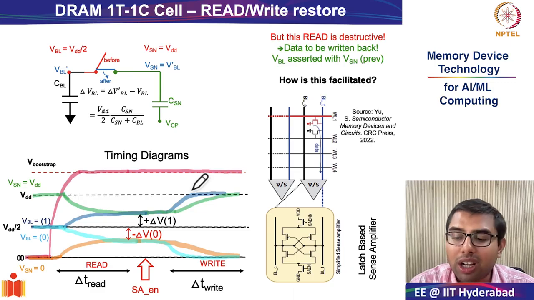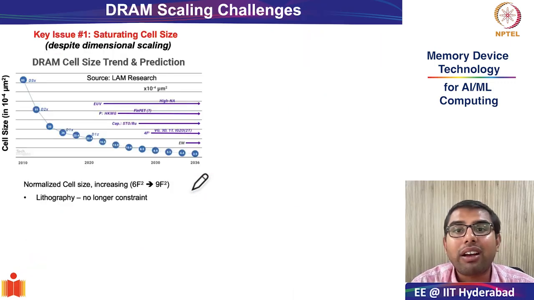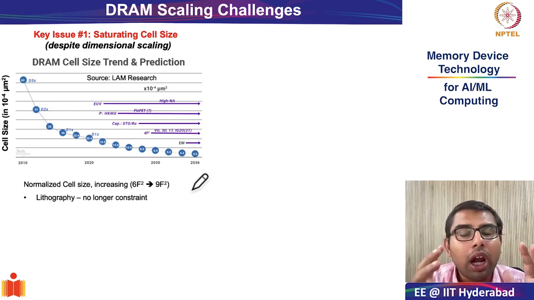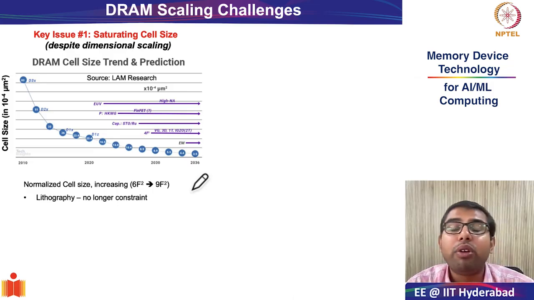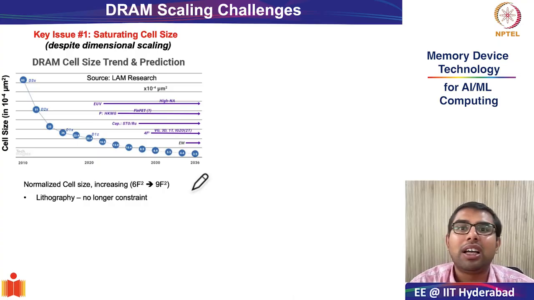We will see what the challenges are that are encountered when you try to scale the DRAM main memory subsystem. We will list out the key challenges, and also discuss some of the solutions that have been implemented and are being proposed.